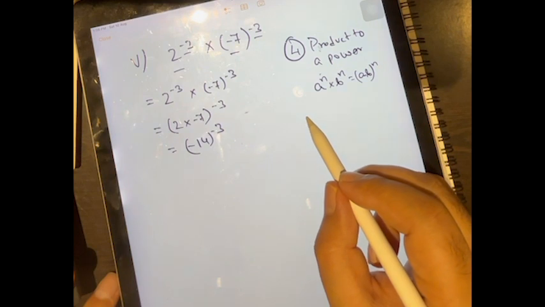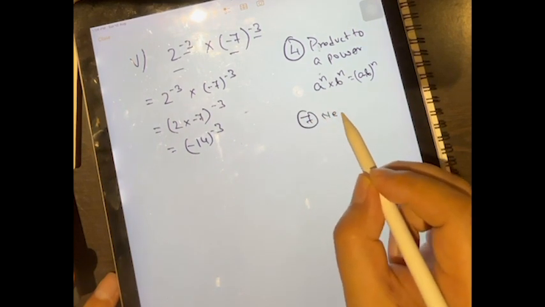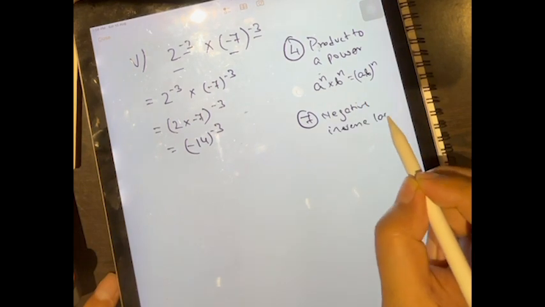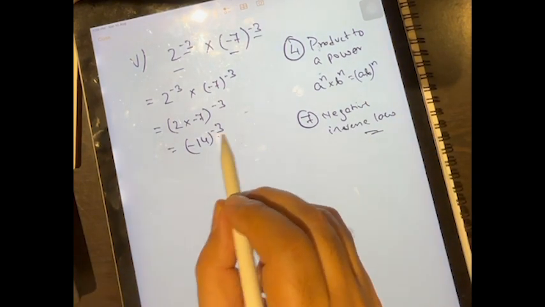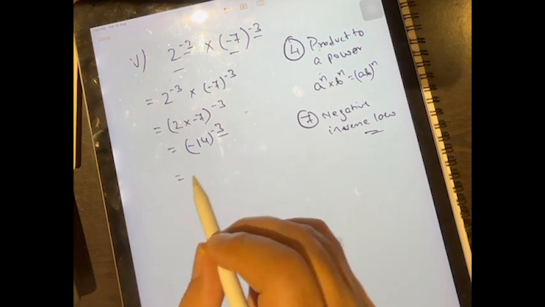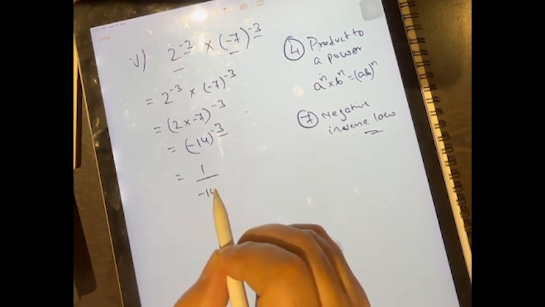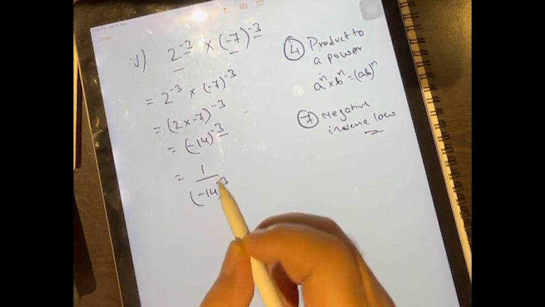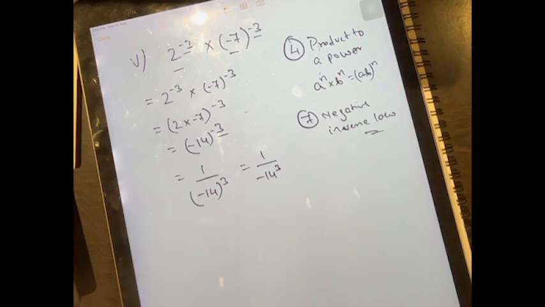We will apply law number 7 now, which is negative inverse law, because we need to convert the exponent from negative to positive. So this will become 1 by minus 14 raised to the power of 3. Your answer will be 1 by minus 14 to the power of 3.